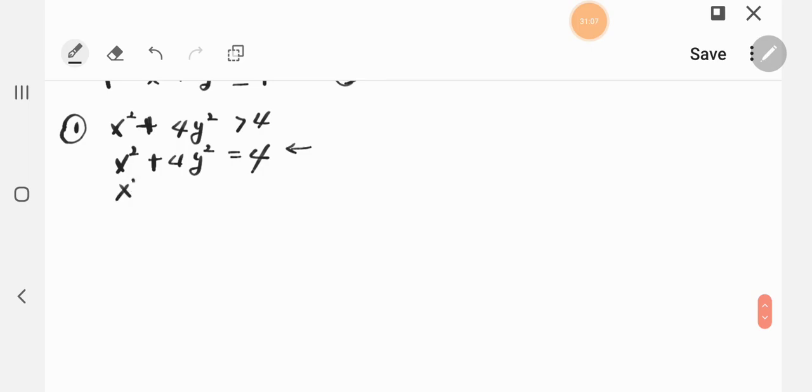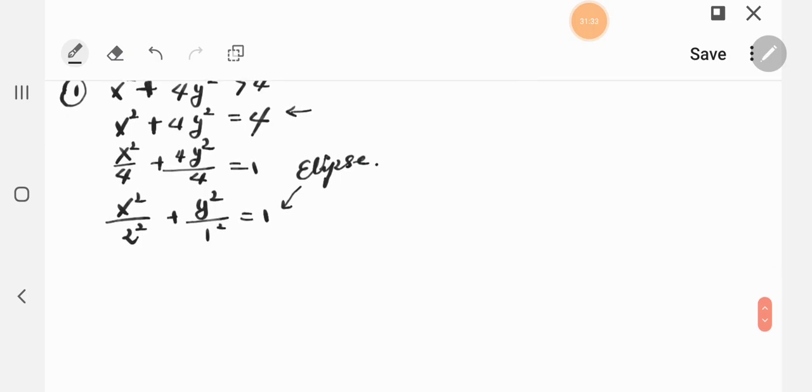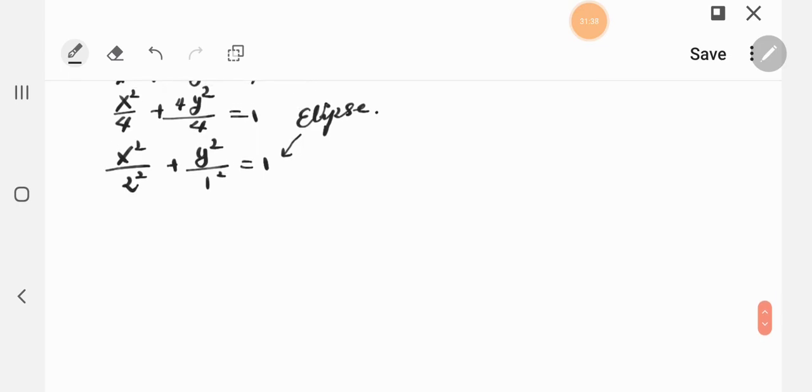You divide each side by 4. Then this is x squared over 2 squared plus y squared over 1 squared. So this is an ellipse, isn't it? So the longer side, the major axis, is x.